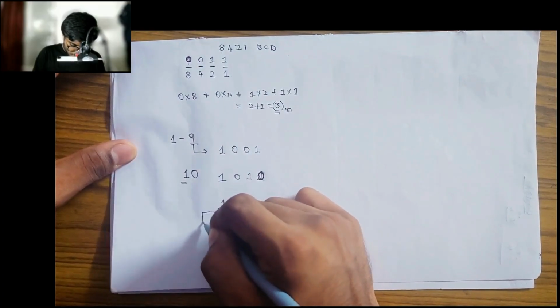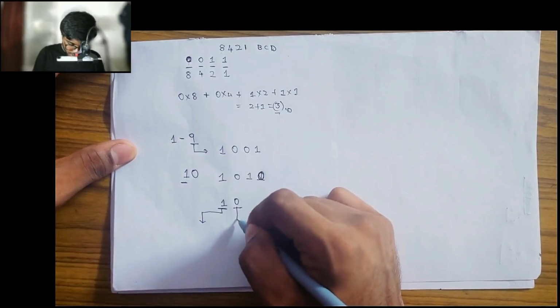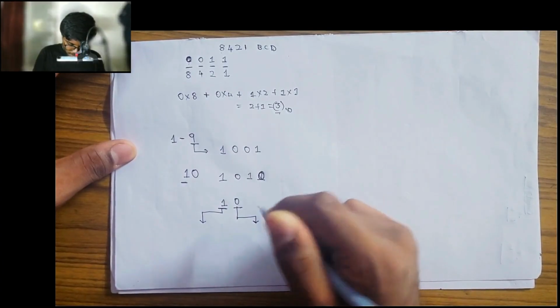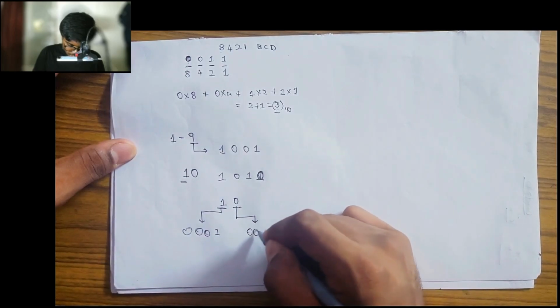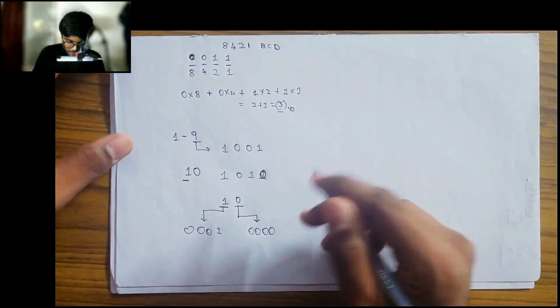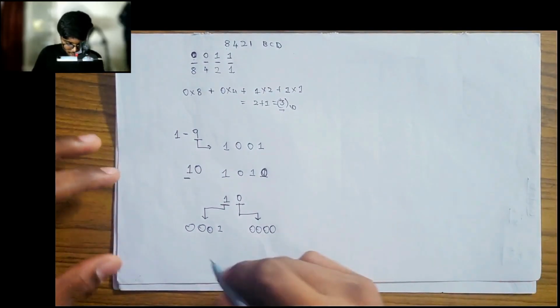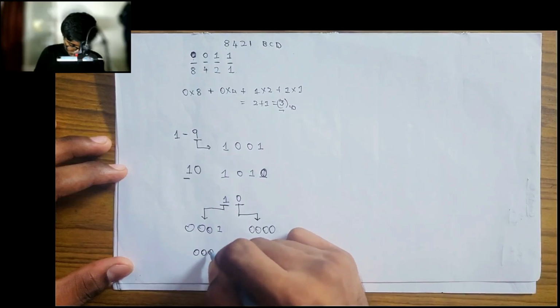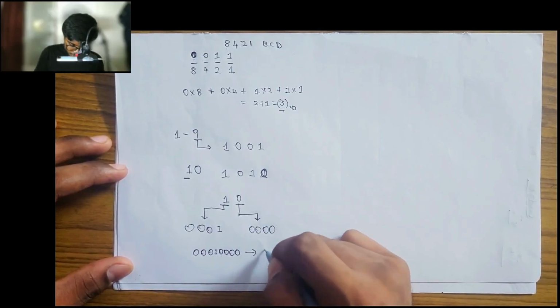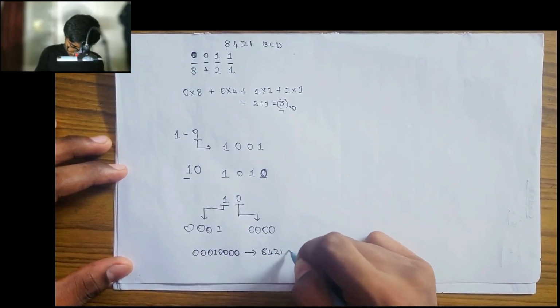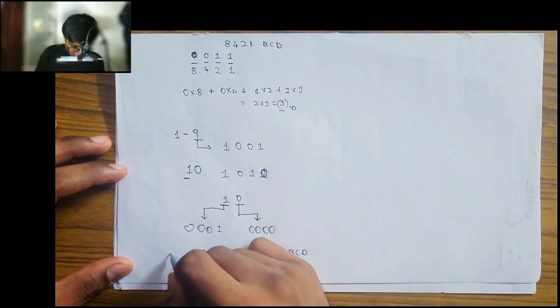We write 1 separately and 0 separately. That is, for 1 it is 0001, and for 0 it is 0000. So 10 is represented as 00010000 in 8421 BCD. This is nothing but 10.